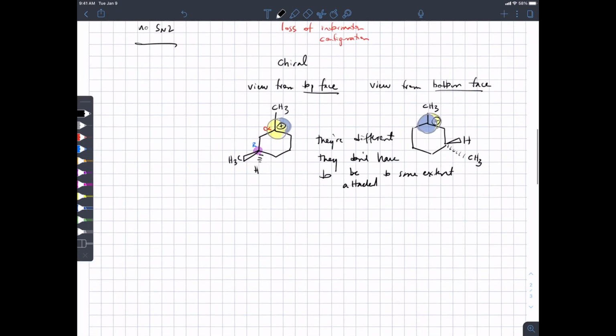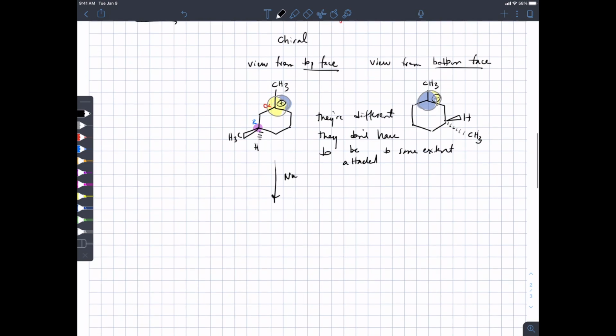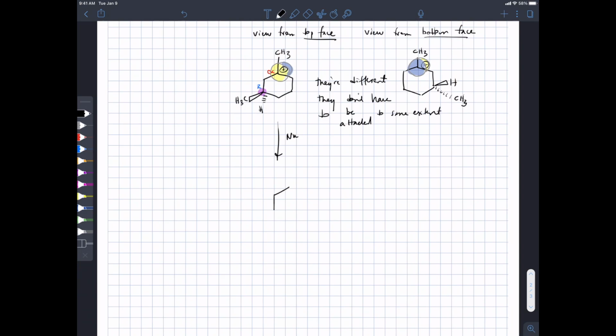So our product, as the nucleophile comes in, and I forget what we said it was going to be and don't even care anymore, attack from above would put the nucleophile on top and on the same side of the molecule as the methyl group on the gamma carbon, whereas attack from below would put the nucleophile on the opposite side of the molecule as the methyl group on the gamma carbon.